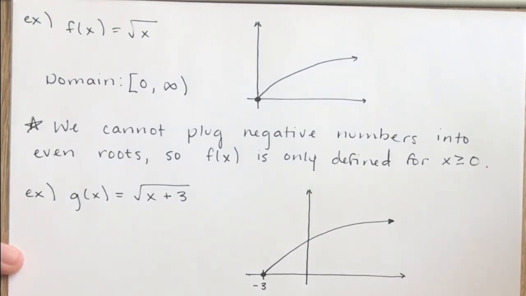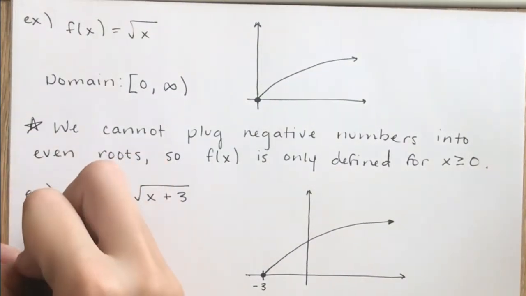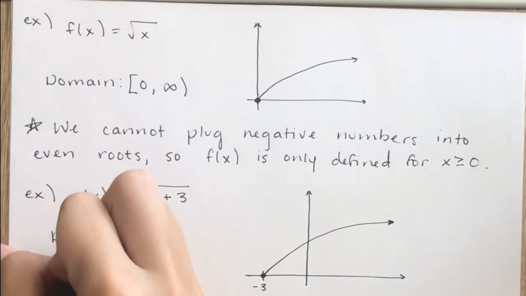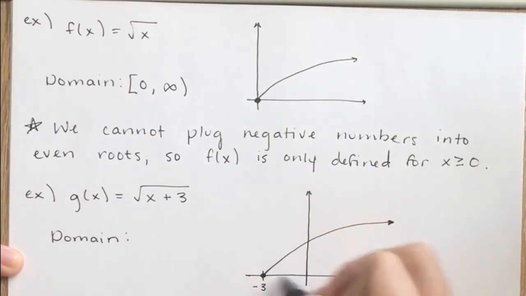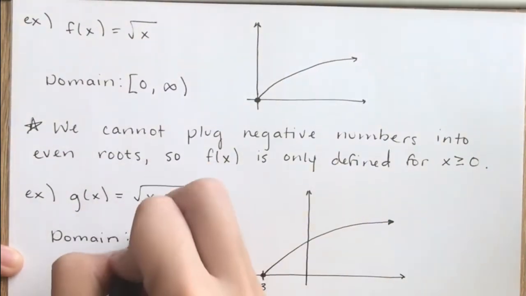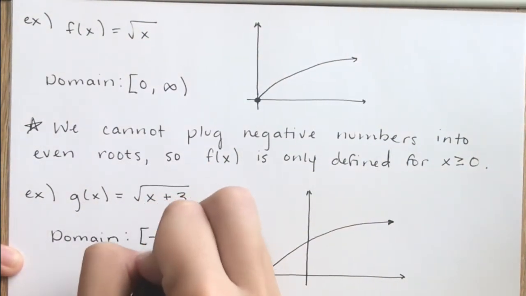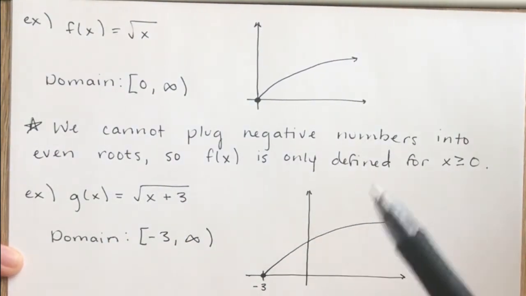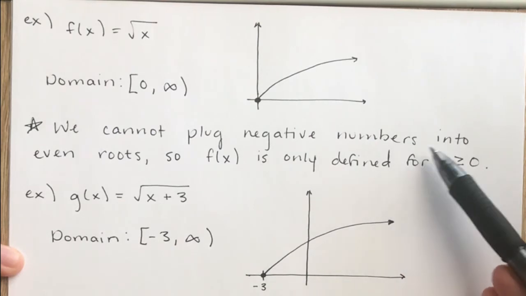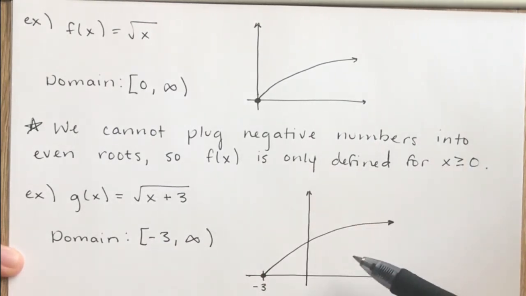So what is our domain here? Well, it's just shifted to the left by 3, so -3 to infinity. Notice, I said we cannot plug negative numbers into even roots, right? And that is true.